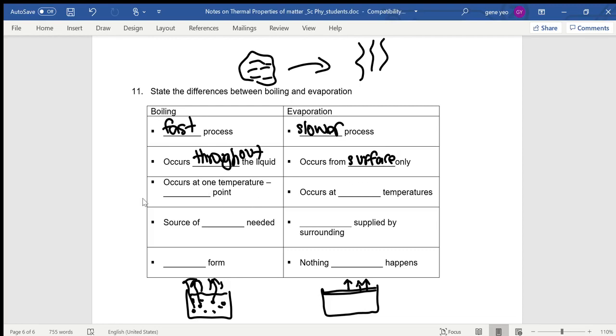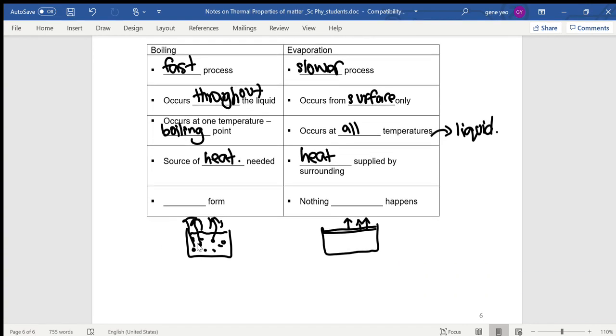Boiling occurs at one temperature, that is called the boiling point. Whereas evaporation occurs at all temperatures, the caveat being the substance must be in liquid form. So you cannot have evaporation occurring for a solid, for example. Boiling will need a specific source of heat, whereas for evaporation the heat is supplied by its surroundings.